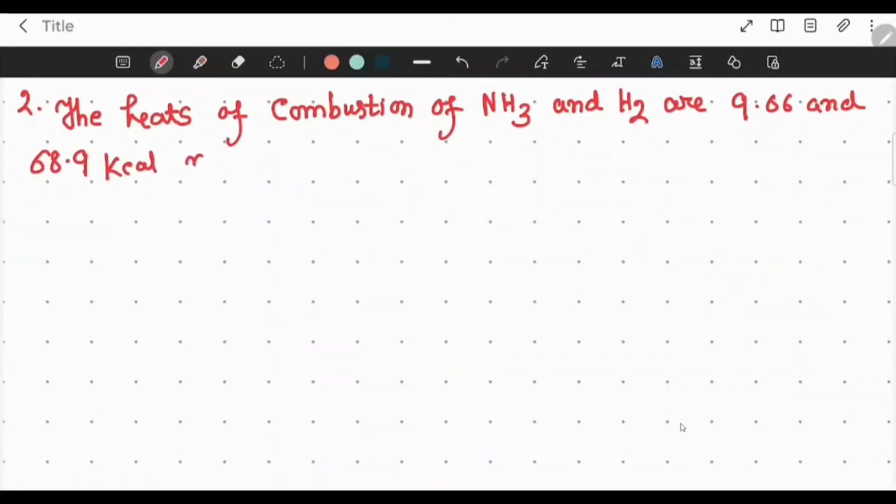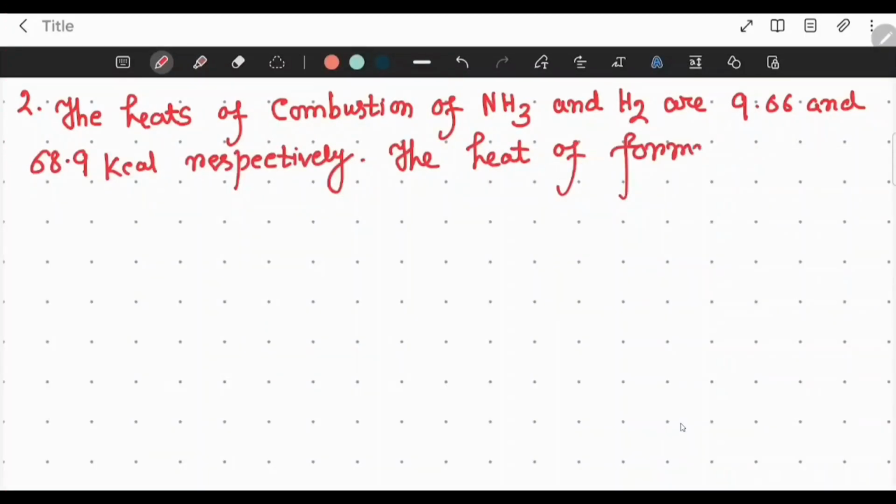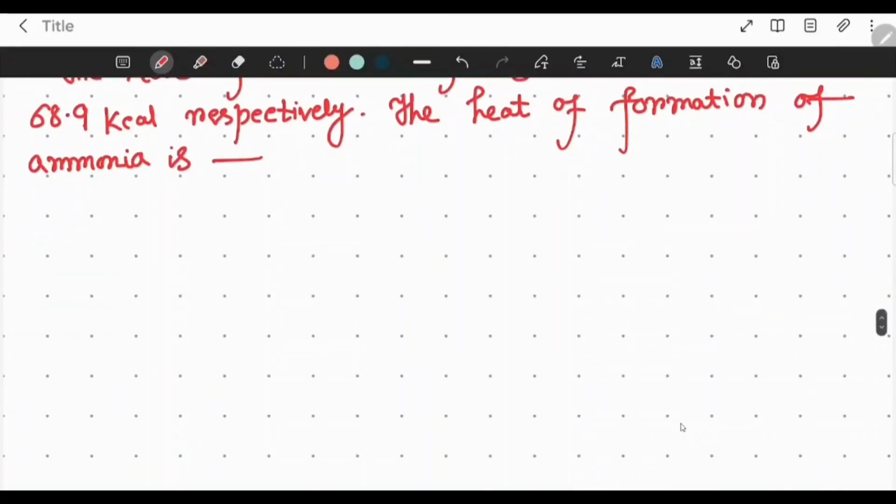So the heats of combustion for NH3 and H2 are given here. We need the heat of formation of ammonia. It's a similar type of question, and it's better to do it for practice.